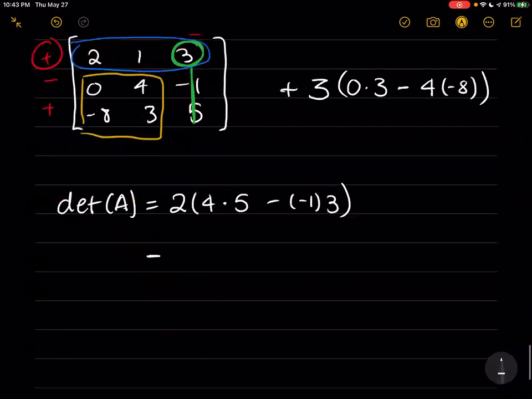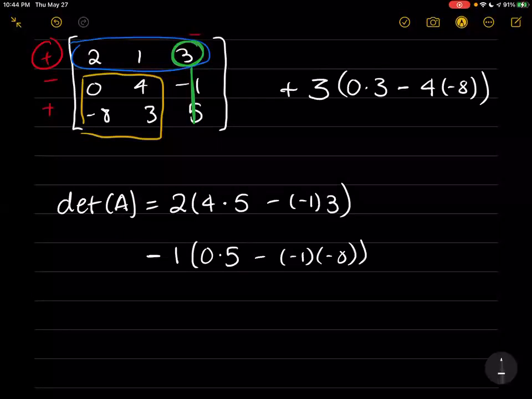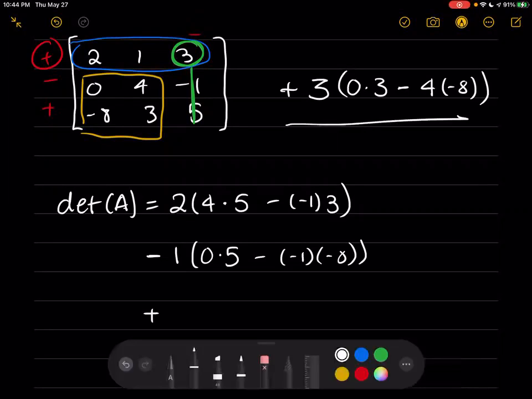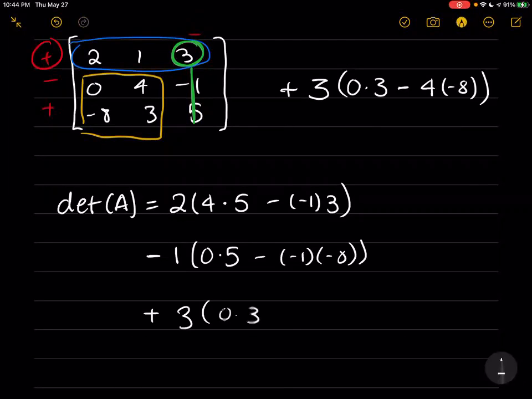So it'll be -1 times 0 times 5 minus -1 times -8, and then plus this thing right up here. So it would be 3 times 0 times 3 minus 4 times -8.